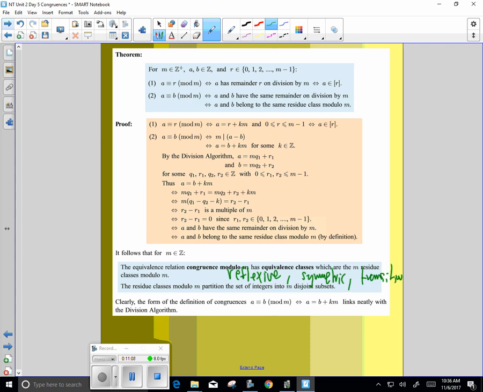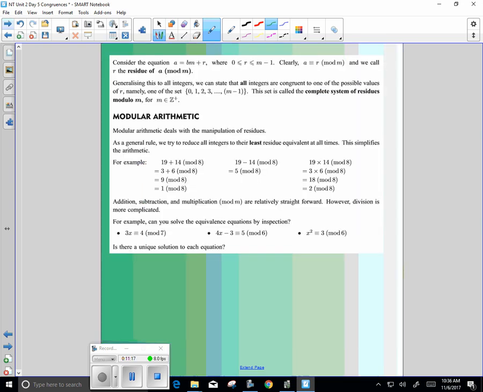And that's going to come up in March, but for right now, we're good with that. Notice how this looks a lot like the division algorithm, and I think we're ready for the good stuff. Are you ready for the good stuff?